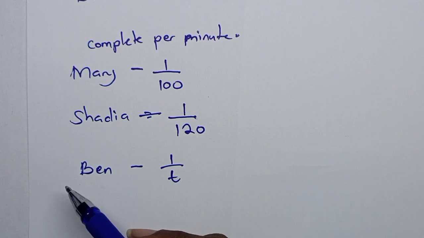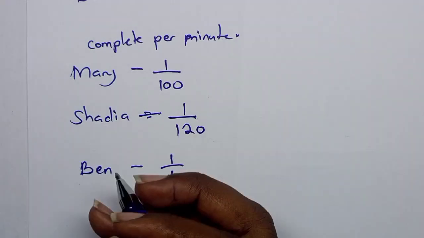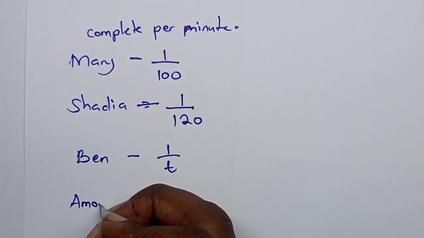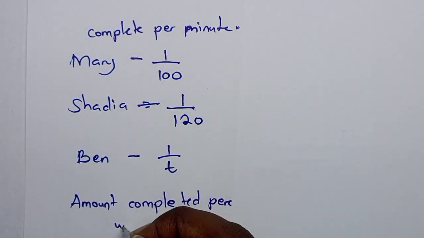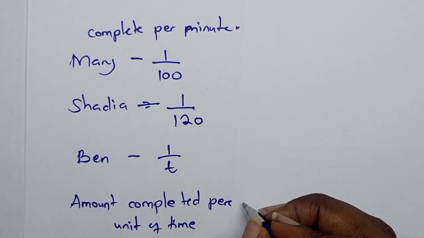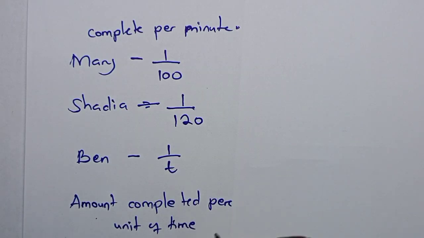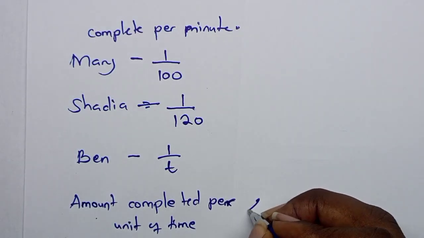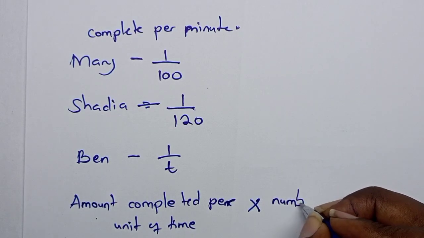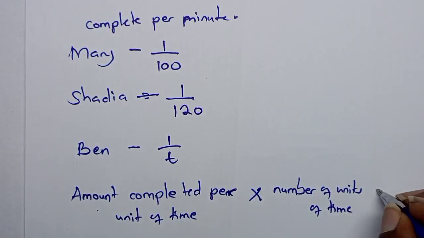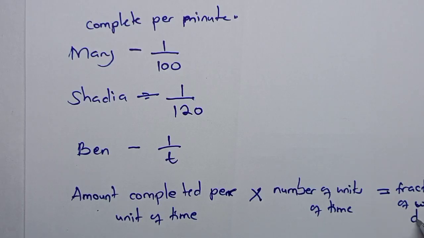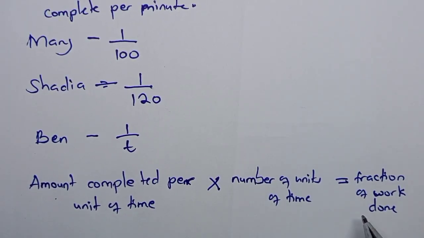Now to figure out how much those 2 completed during that 30 minutes, we'll need to remember that amount completed per unit of time times the number of units of time gives us the fraction of work done or work completed.